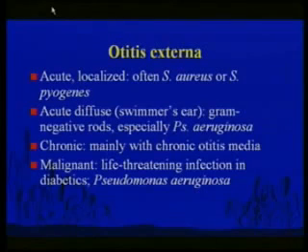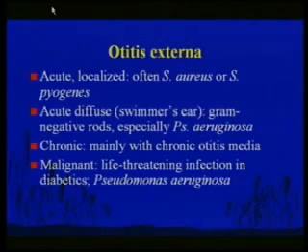So, swimmer's ear. And one thing to do in going through these lectures, there's certain bugs that are going to come up repeatedly, and I may give you multiple choice exams on. So, catalog what was due to Staph aureus, what was due to strep, and what was due to Pseudomonas. Okay? Catalog those, especially Pseudomonas.